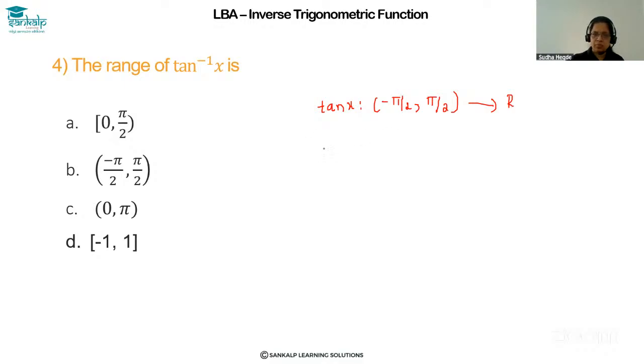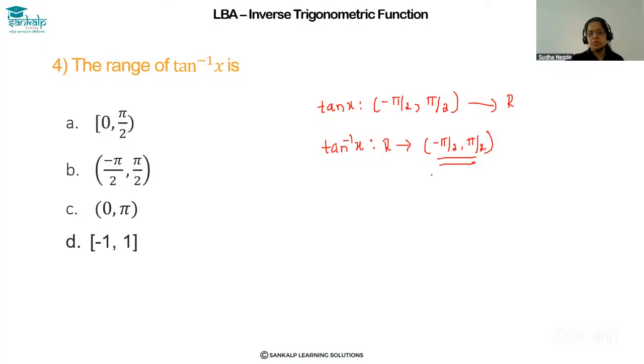Onto also, so you can find tan inverse x. The inverse exists. It is from where to where? Can you tell me? From R to minus pi by 2 to pi by 2. So this open interval minus pi by 2 to pi by 2 is the codomain, since tan inverse x is also bijective, that is onto.